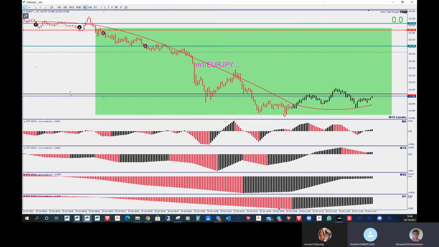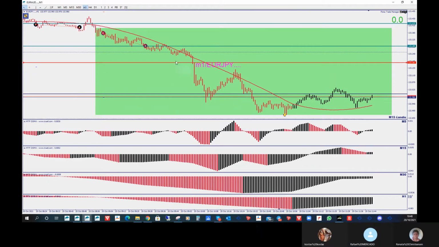The only reason you're getting out is because the market has changed, and it's starting to become tradable in the opposite direction. So as long as those candles are red, I feel comfortable trailing it and giving it some room until the candles turn black again or blue. Not sure what color they have.